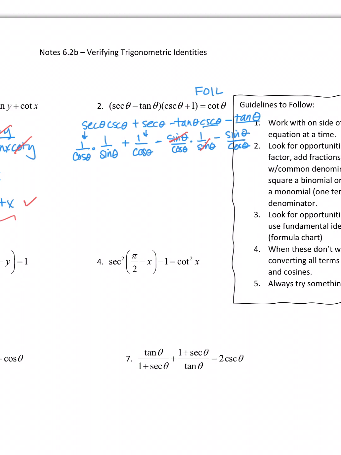And what does this become? Well, I can combine these two. So this would be 1 over cosine theta sine theta 1 plus 1 over cosine theta. This is now 1 minus 1 over cosine theta minus sine theta over cosine theta.